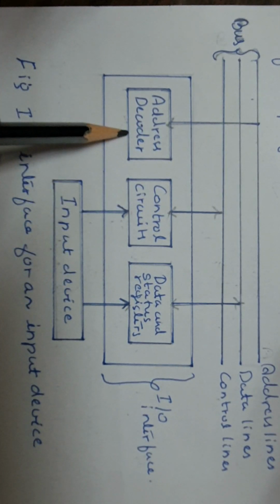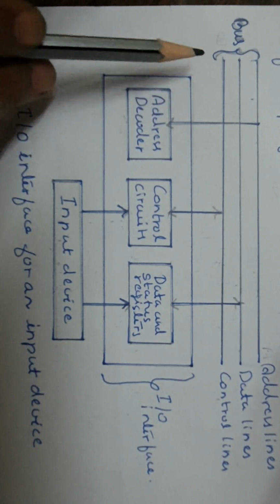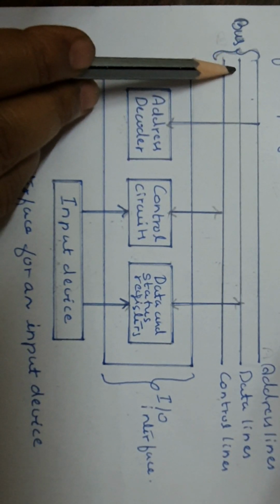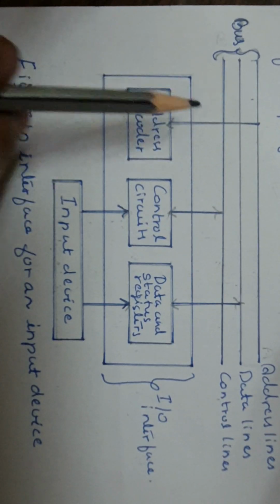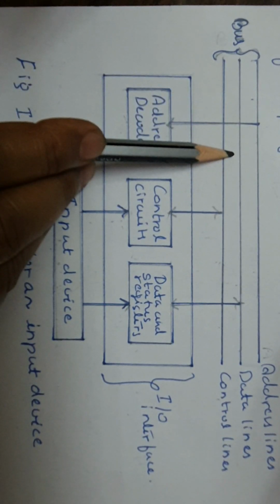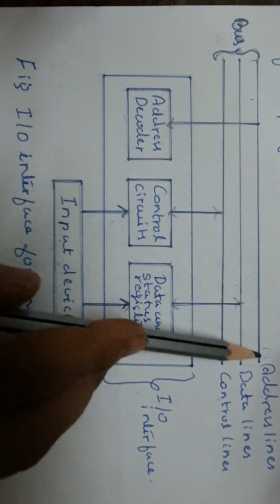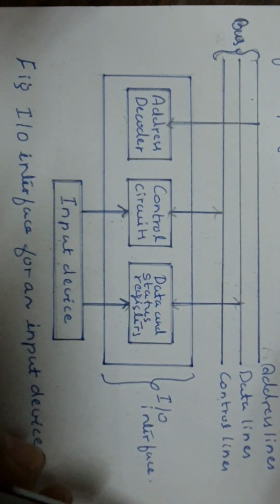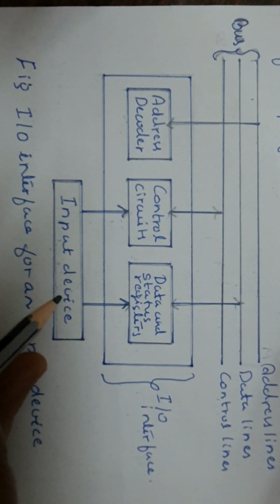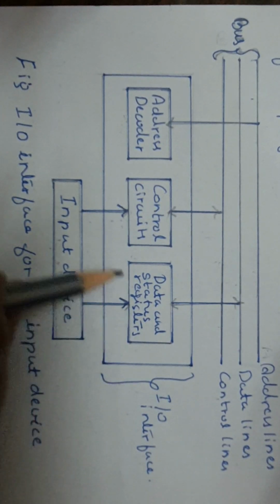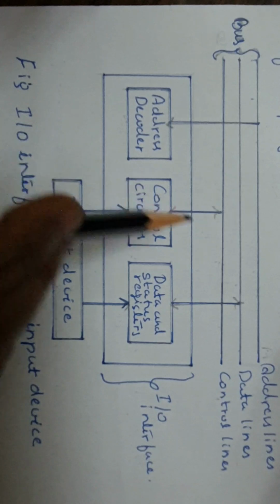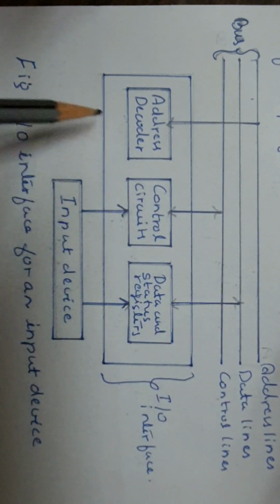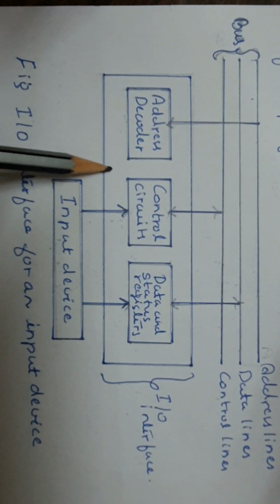What does the address decoder do? Whenever the processor wants to communicate with the IO device, in the IO mapped IO case it sends the address of the IO device on the address lines, which will reach all IO devices. Here only one is shown, but there are n number of IO devices. Through their interfaces they will be connected to the same system bus, so the address will reach all IO device interfaces.